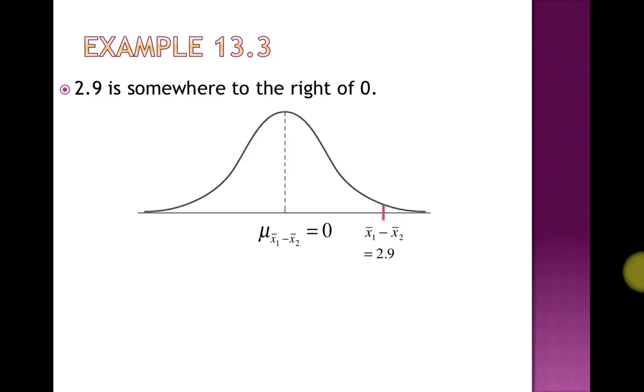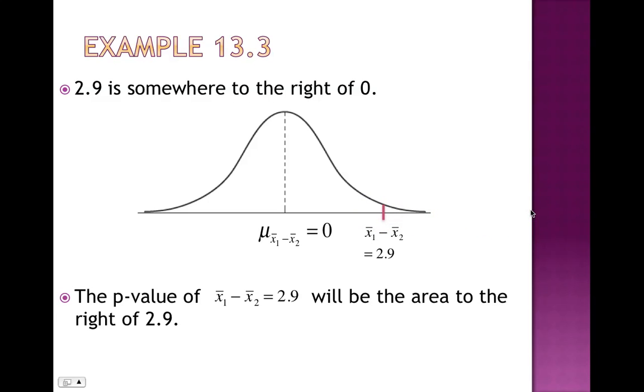So you've got your mean of the sampling distribution in the center at 0, and you've got your x bar 1 minus x bar 2 all the way on the right at 2.9. And when we find the p-value, it will be the area that goes from this point all the way to positive infinity. So the p-value of x bar 1 minus x bar 2 equals 2.9 will be the area to the right of 2.9.